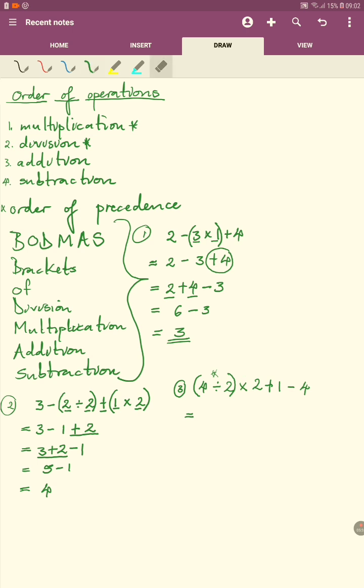So we're going to handle this part first. 4 divided by 2 is equal to 2. Then you multiply this by that 2. Then you say plus 1 minus 4. And here you're going to put brackets again there.